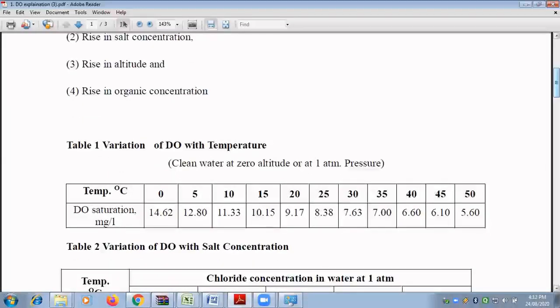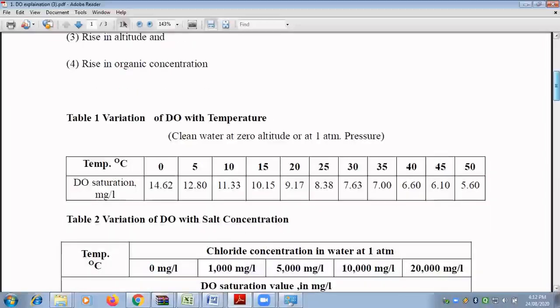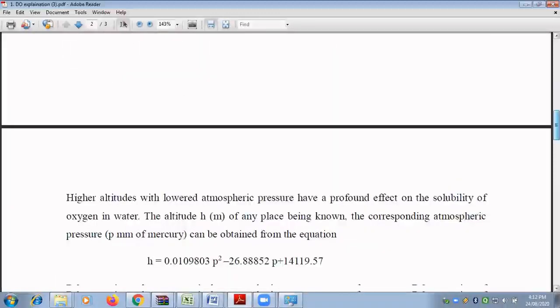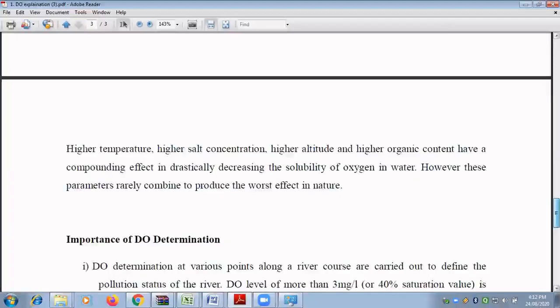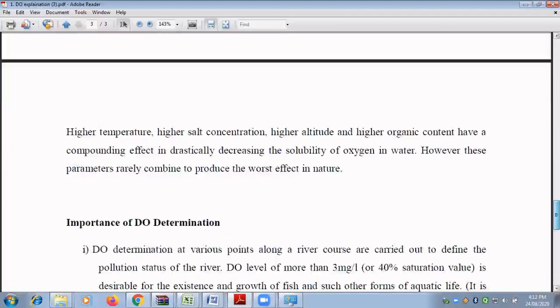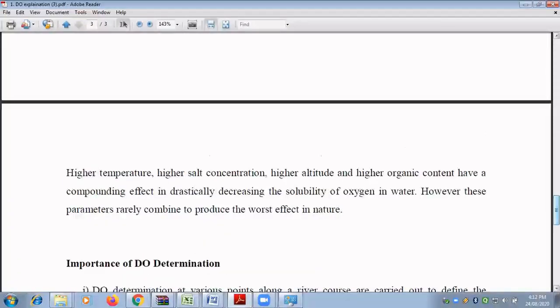So the organic substrate will be utilizing the dissolved oxygen in the water for its own degradation process, and because of that, the dissolved oxygen value in the water will go on decreasing, right? Which is very, very important. So now we have to consider these factors: temperature, salt concentration, organic fraction, as well as altitude.